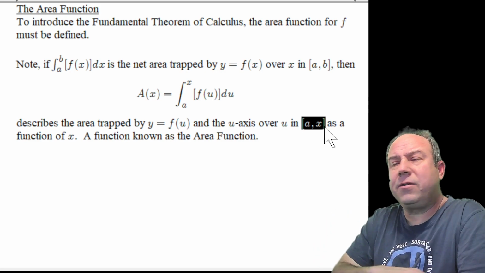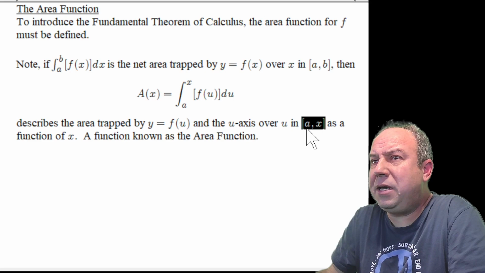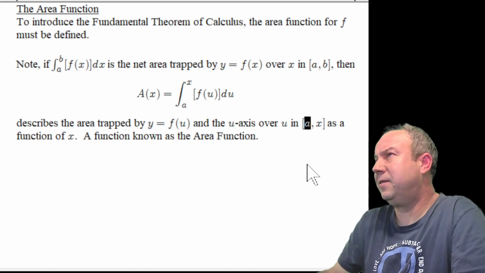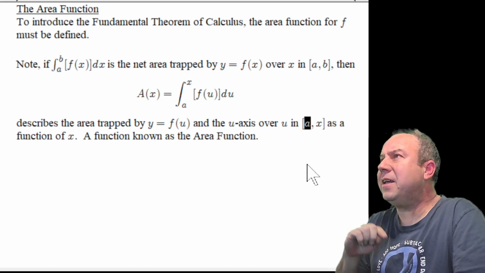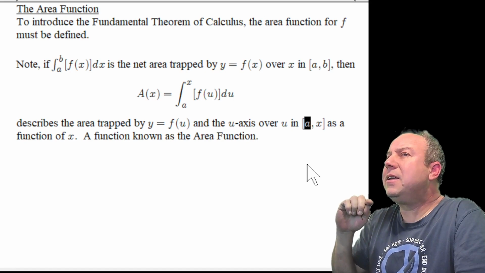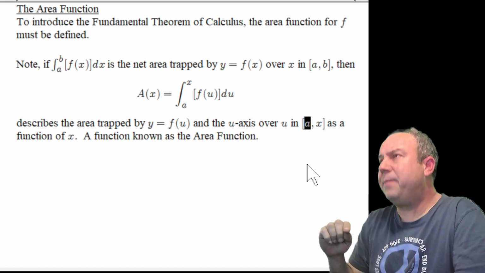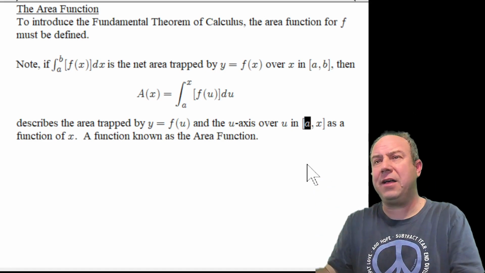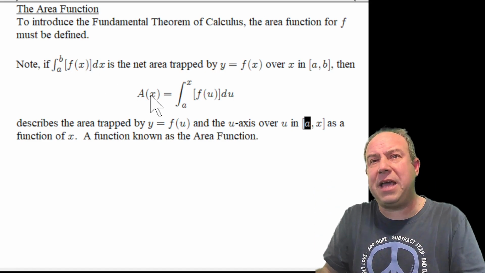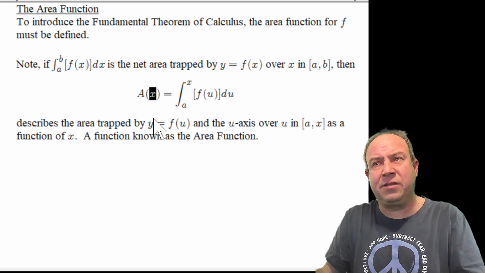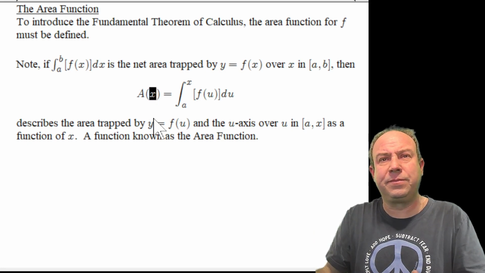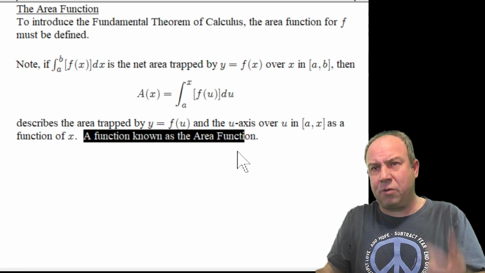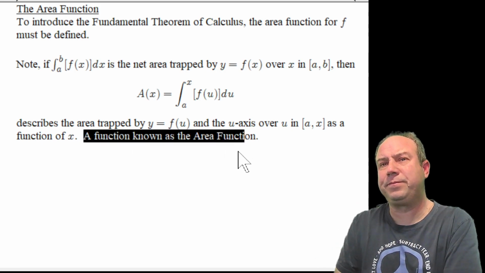What's going on in this calculation is a is being held constant, and our area is accumulating up to the value of x, whatever happens to be x, the independent value in this function. And all of this is going to produce what's known as the area function.